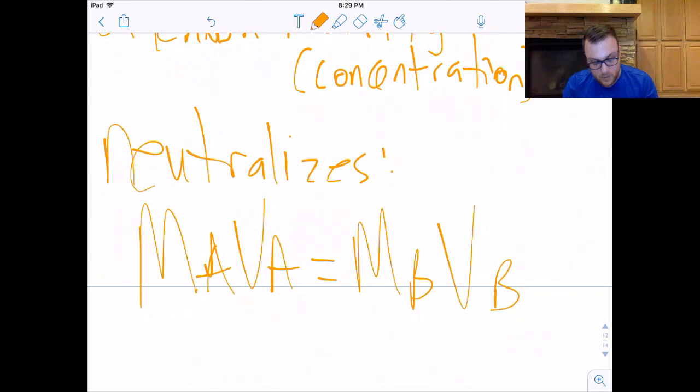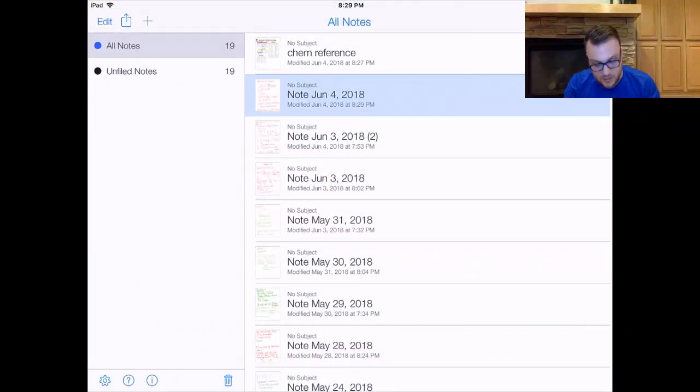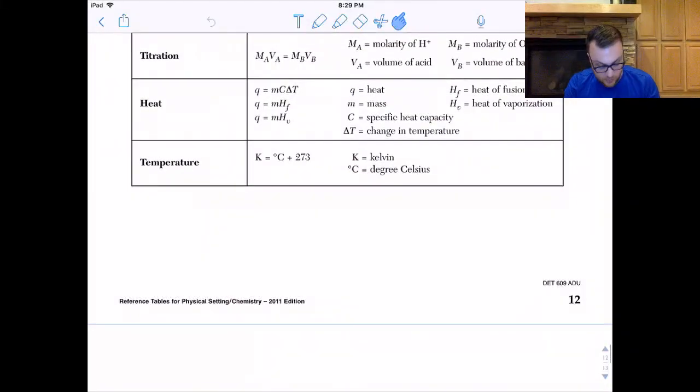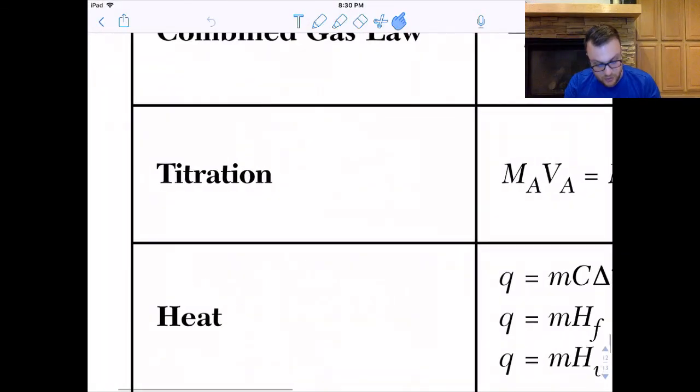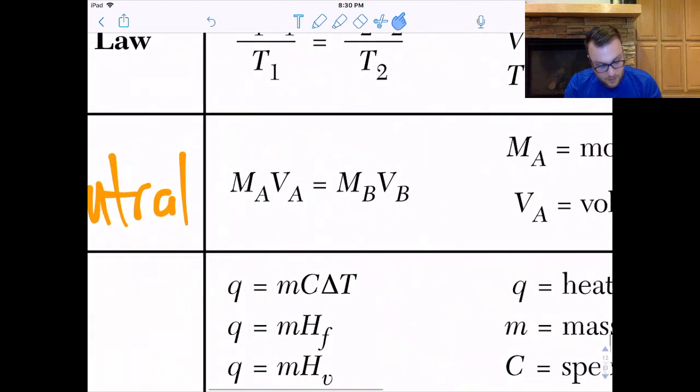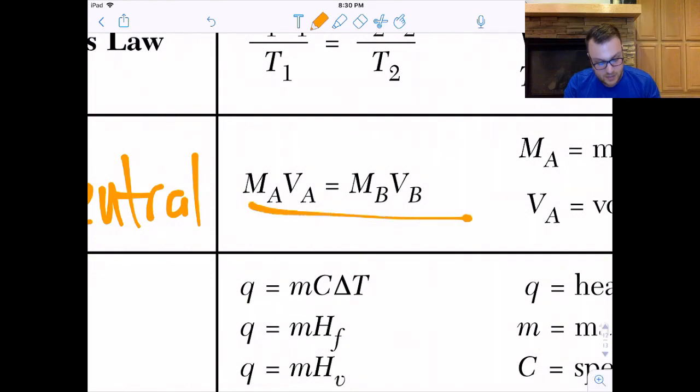Sometimes you'll see the word neutralization in the problem. MAVA equals MBVB, where the table tells you what all the variables mean.